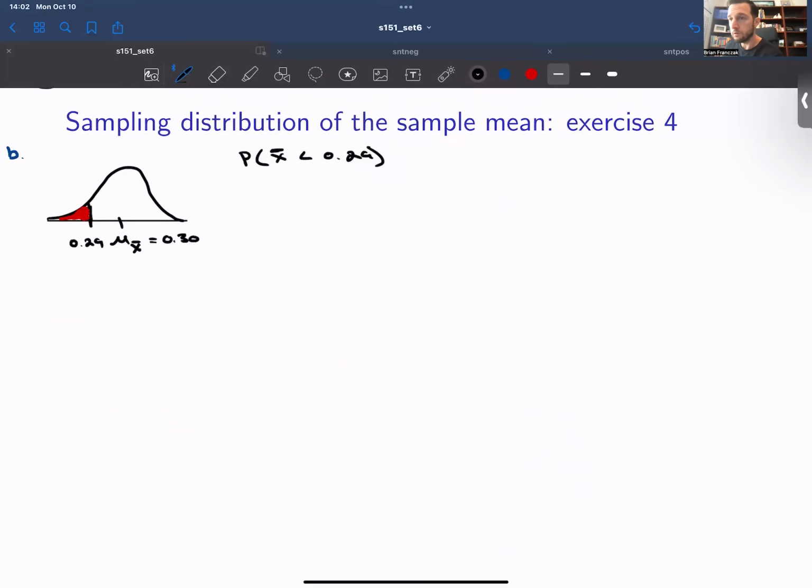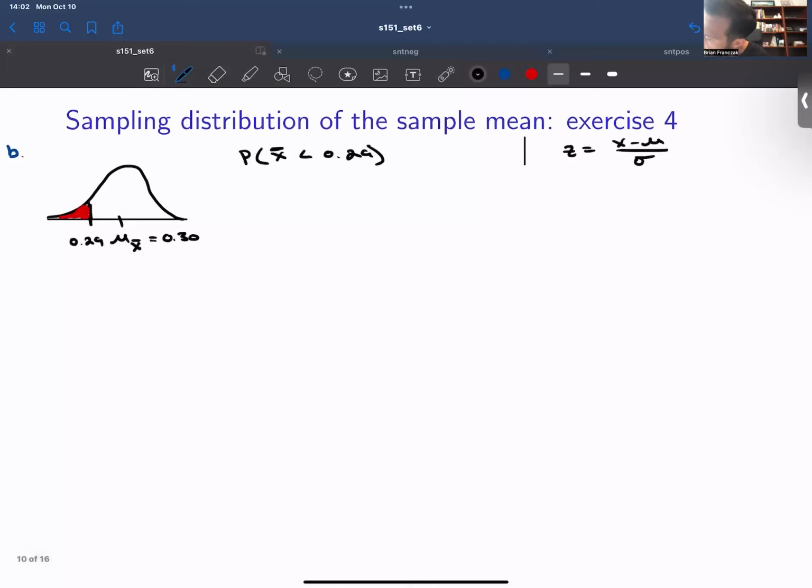From our study of the normal distribution, we know that when we are asking about probabilities for normal random variables, our first step is to standardize to turn that random variable into a z-score. So for example, here, what's going to happen is, okay, we know z is equal to x minus mu over sigma. So now we can write z is equal to x bar minus its mean over its standard deviation.